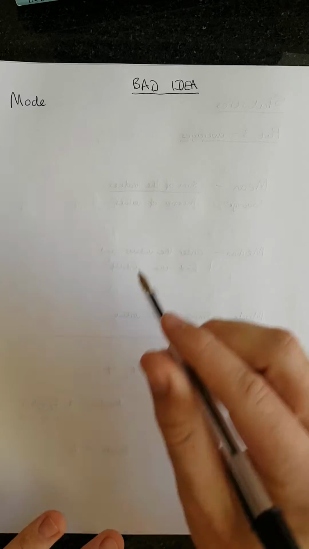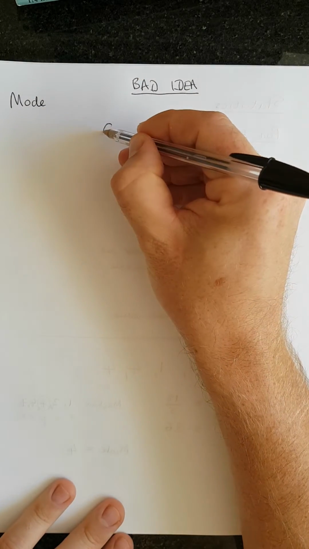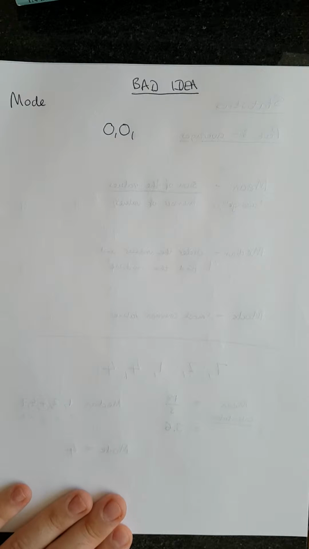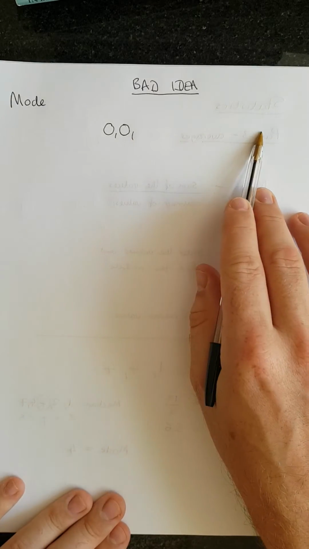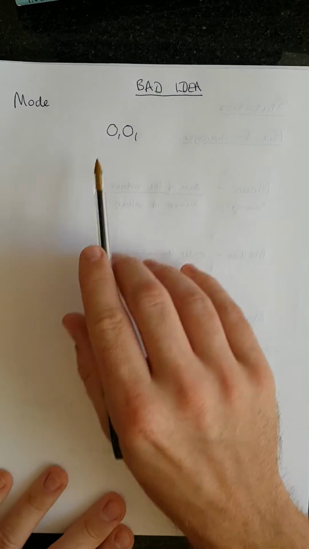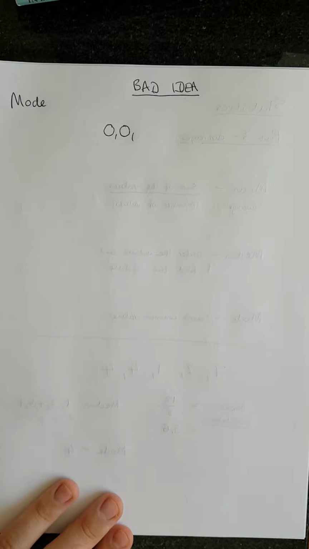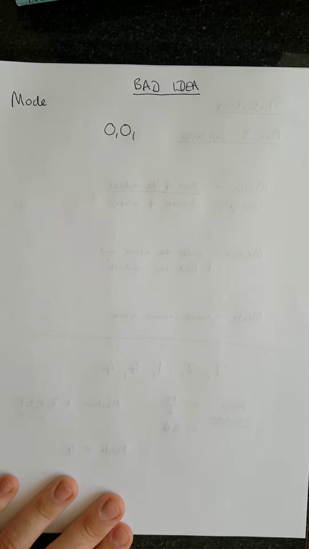Well, let's make up a set. Here's a classic case. Our data has 2 zeros in it. Now, what shall I put the rest of the data to be to make the mode 0 and to make it not an accurate reflection?